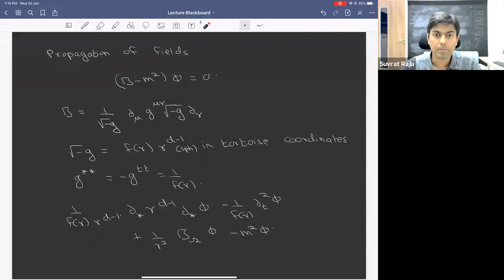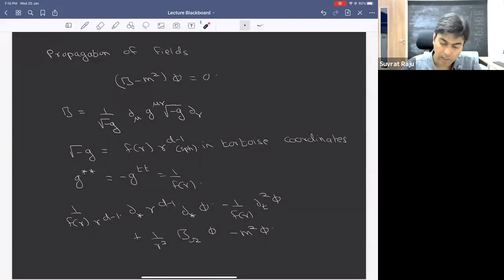Okay. So now, we can solve this systematically. It's possible to just separate the variables for this linear equation and solve it systematically. But in fact, we can take a shortcut to analyze the behavior of the solutions to this equation near the horizon.